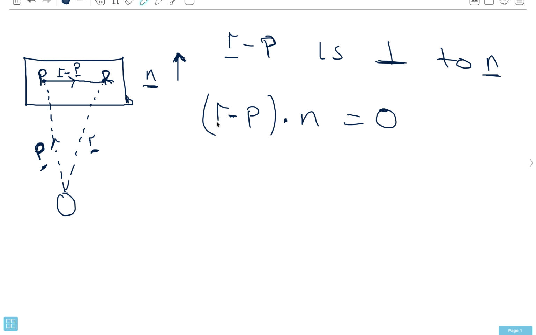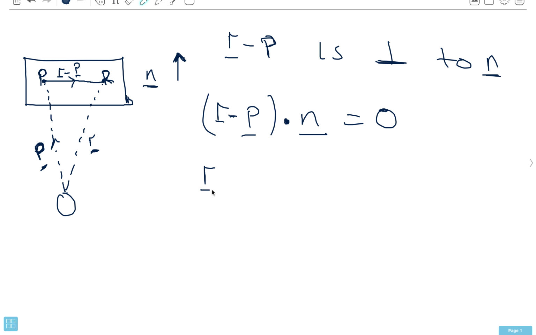Now, I'm not sure I went over distributivity. If I didn't, I'll just make another video going over distributivity. But what we can now do is distribute this n amongst the r and the p.